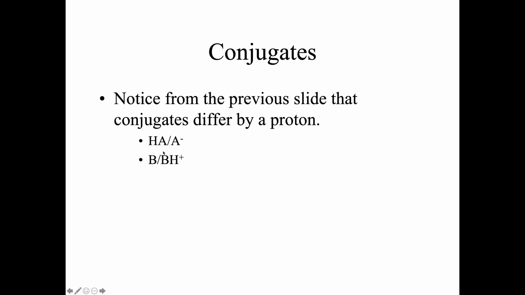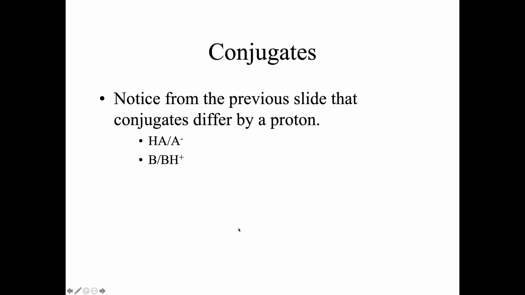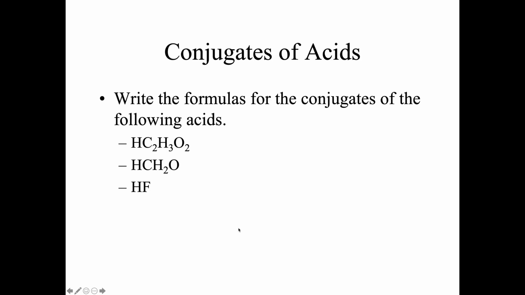The HA and the A minus, going back again right here: the acid and its conjugate differ by an H plus. You can almost think of it like math. If I subtract an H and subtract a positive, I would get this. A base and its conjugate differ by a proton, and bases are adding protons. So if I add an H plus to here, I would get this. So they always differ by a proton.